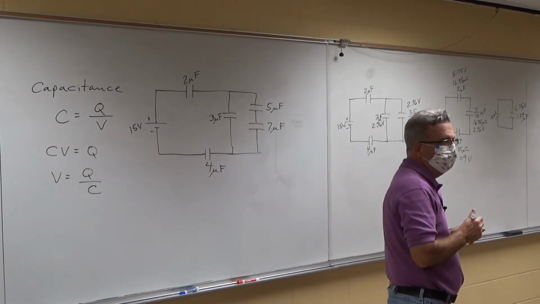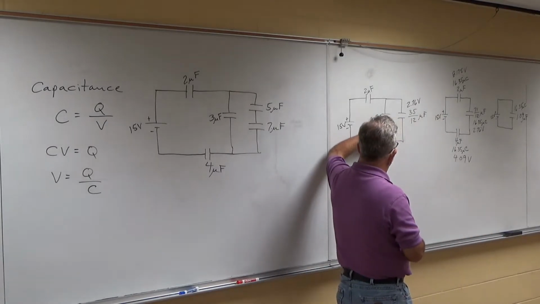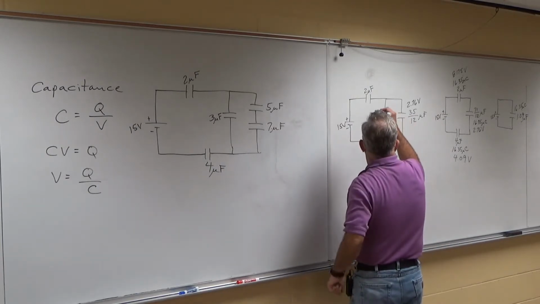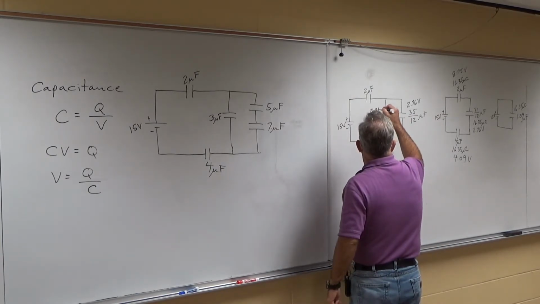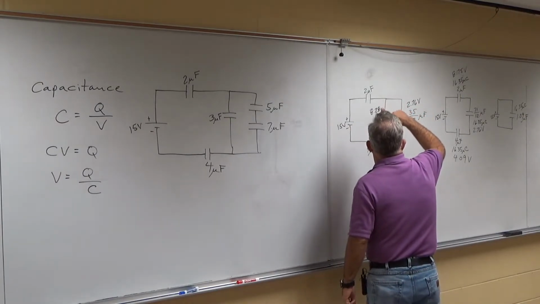Can somebody calculate that, please? 3 times 2.76. 8.28 microcoulombs.